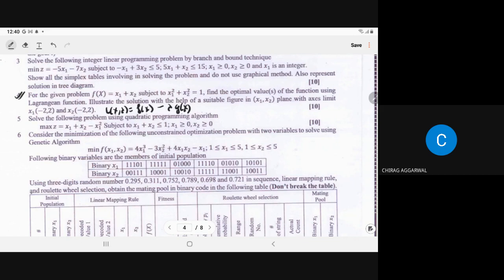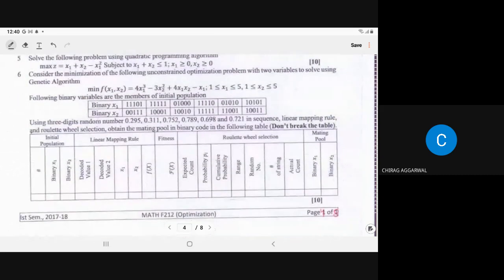Illustrate the solution with the help of a suitable figure in the x1 x2 plane with axis limits x1 from minus 2 to 2 and x2 from minus 2 to 2. So in this case, the question is clear. You have to find the minimum value.